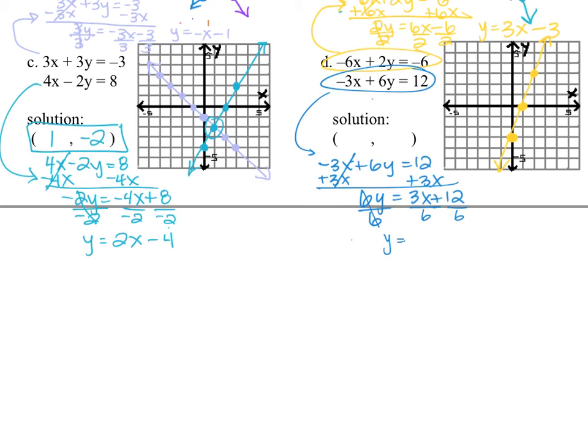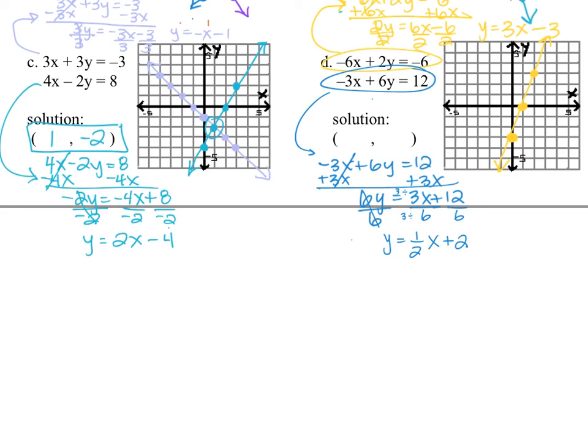So y equals 1/2 x. Be very careful. 3 does not divide by 6. 3 is too small, and 6 is too big. So since 3 cannot divide by 6, they both are technically dividing by 3. They don't fit, so it's 1/2. 12 does divide by 6, and that's only 2. The bigger number cannot be on the bottom, otherwise it turns into a fraction, so be careful.